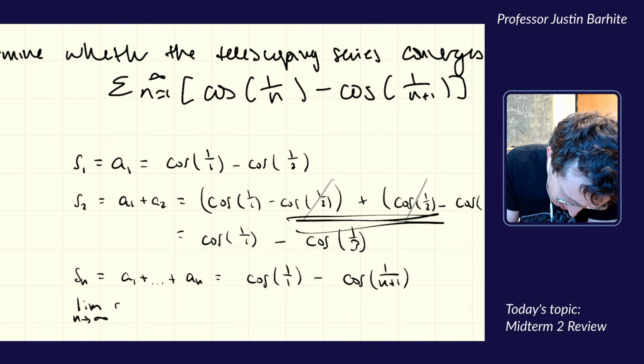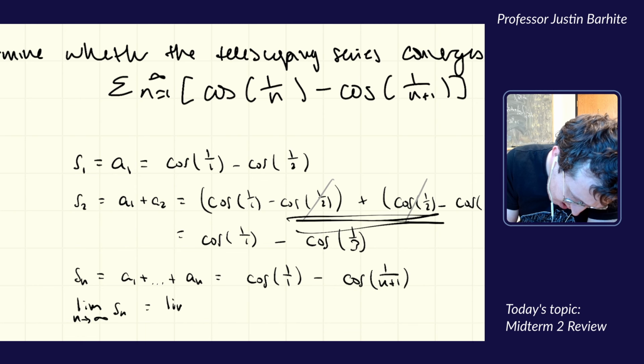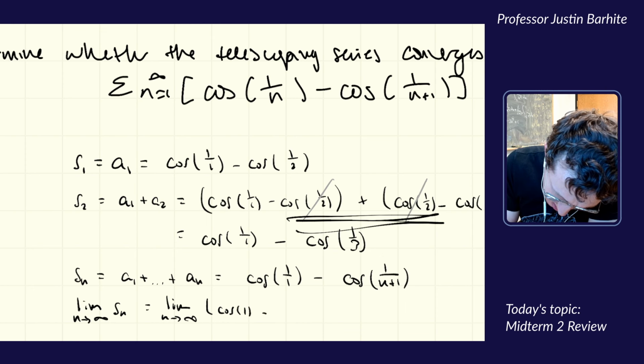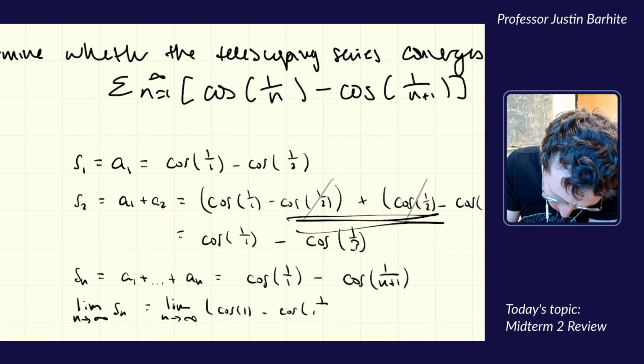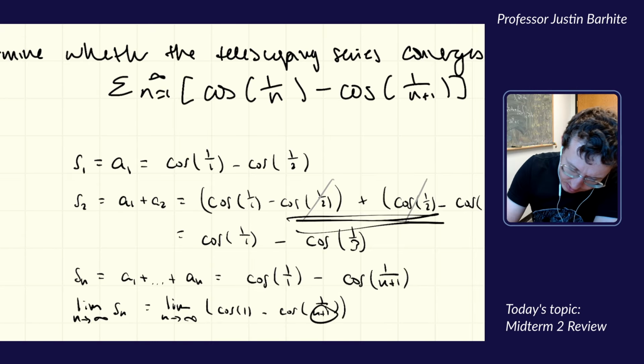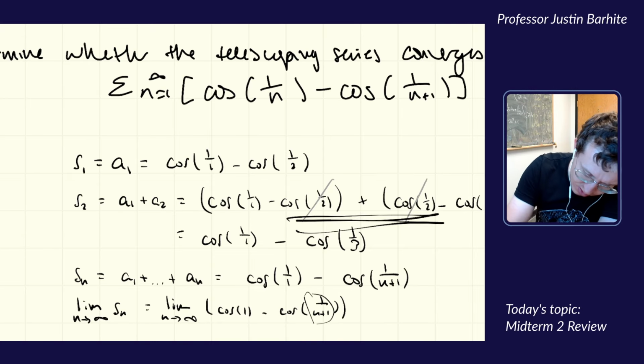And if we take the limit of this as n approaches infinity, we get the limit of cosine of 1 minus the cosine of 1 over n plus 1. N plus 1 is approaching infinity, so 1 over n plus 1 is approaching 0.